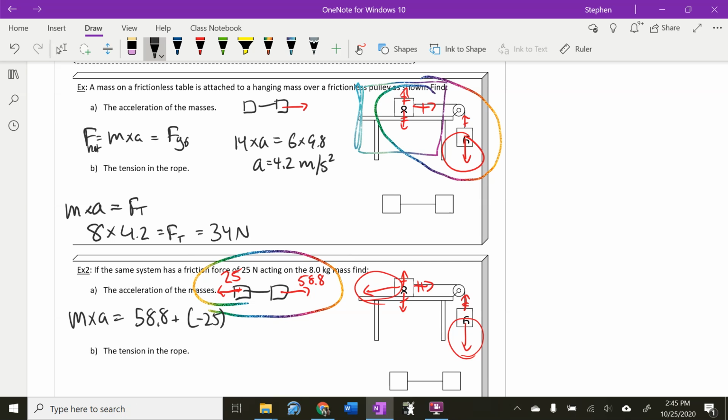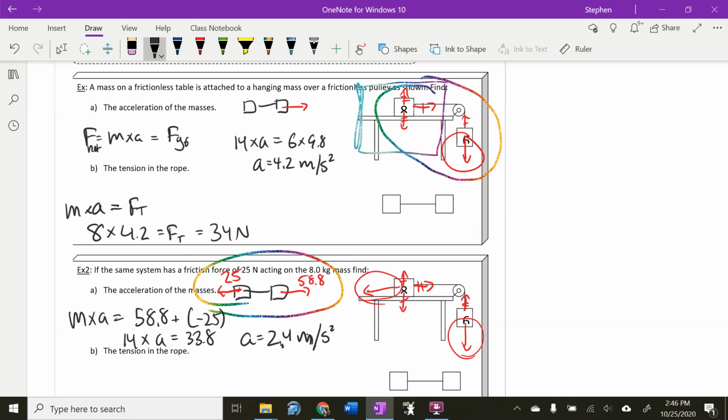So 58.8 minus 25 is 33.8. So the total mass, 14 times a, equals 33.8, and our acceleration equals 2.4 meters per second squared.